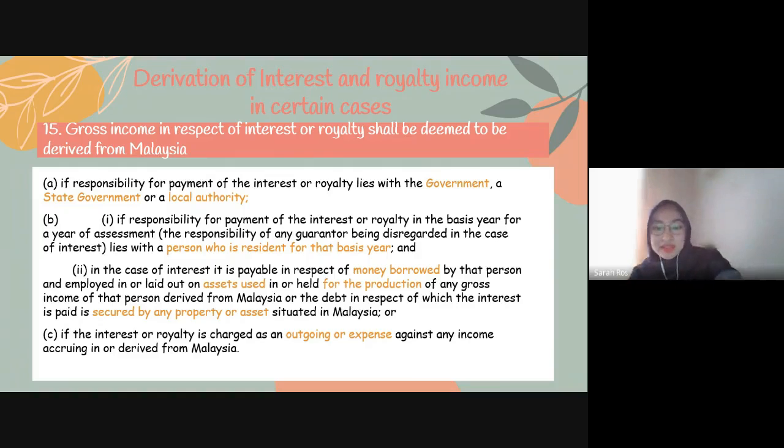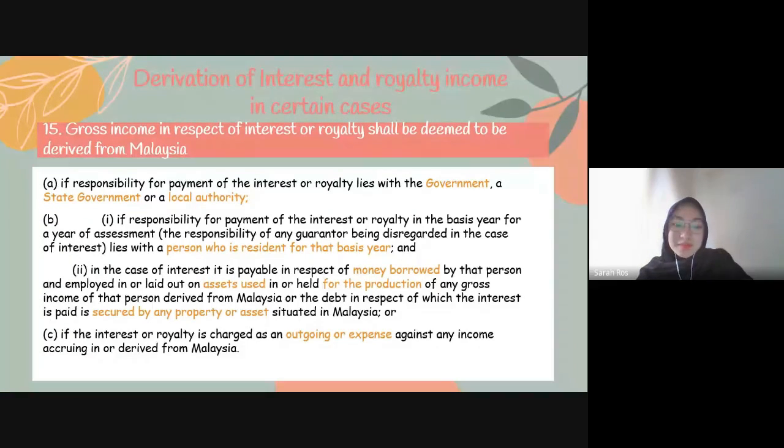And for the statement that the debt in respect of which the interest is paid is secured by any property or asset situated in Malaysia, for example, a company who is a resident in Malaysia obtains a loan from Singapore to finance its acquisition to purchase land in Indonesia, but in order to secure the loan, they use their property in Kuala Lumpur in Malaysia as the collateral for the loan.